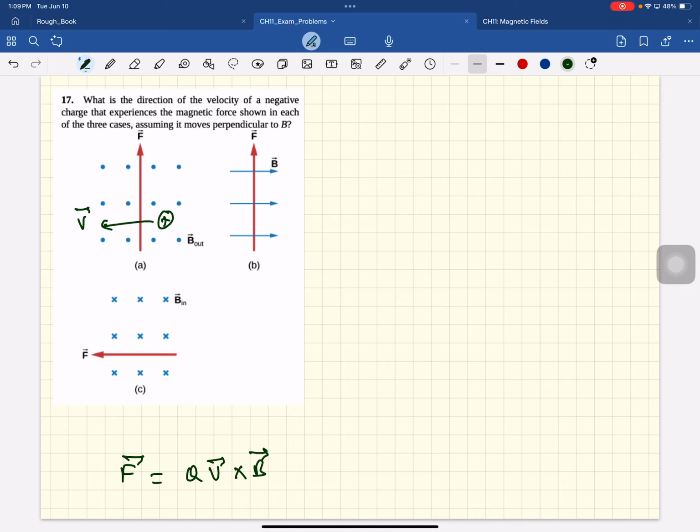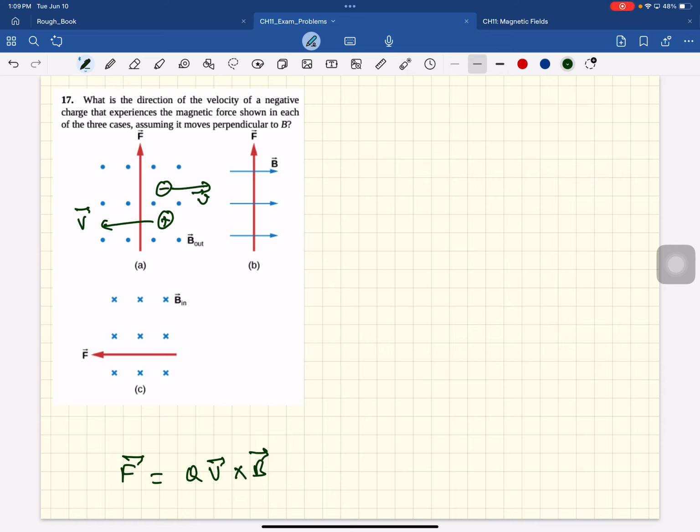V cross B, that'll be the force on the positive charge. So if you have a negative charge, have it move in this direction, and the force will be in that direction. You guys understand?